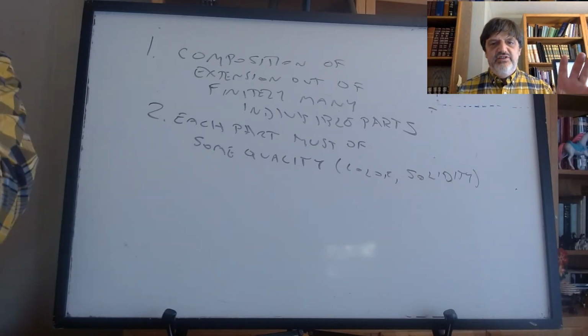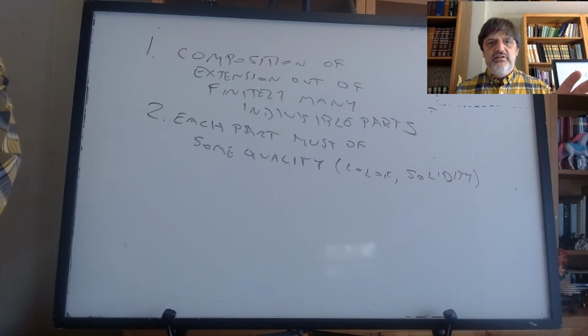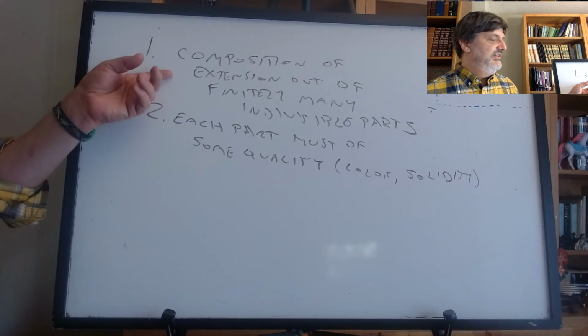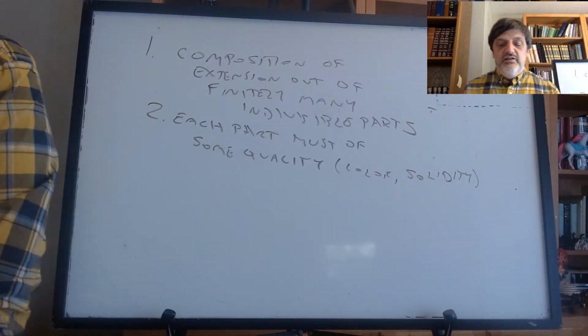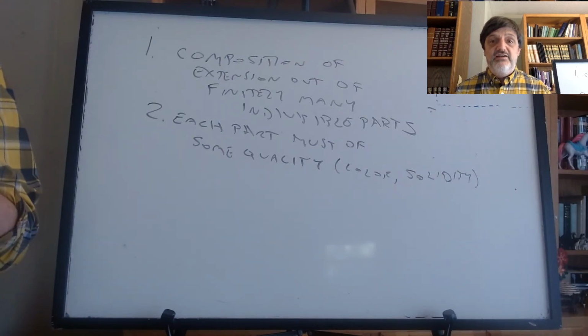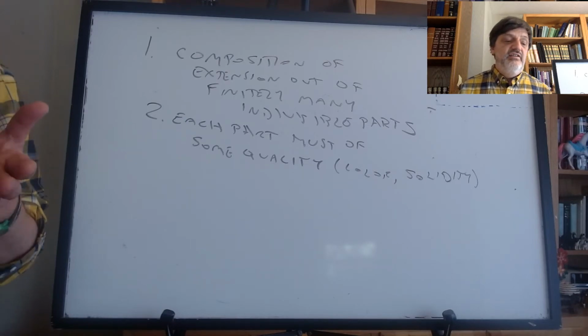In a way, neither of these two parts is a surprise, in the sense that Berkeley certainly agrees with both of these parts. We know he agrees that any extended thing is composed of a finite number of indivisible parts, so it can't be infinitely divided.